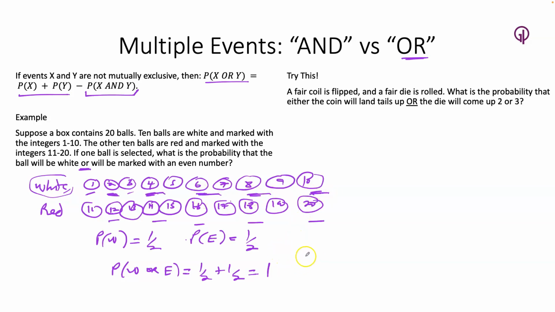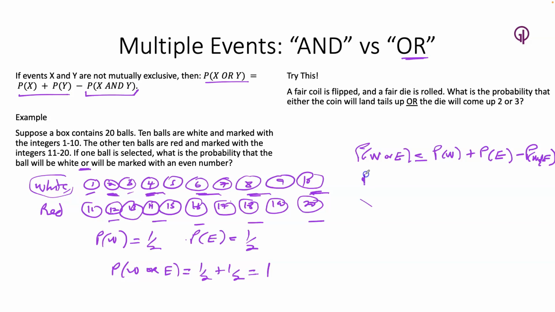When you set up your equation, it has to look something like this. P(white or even) is equal to probability of white plus probability of even minus probability of white and even.